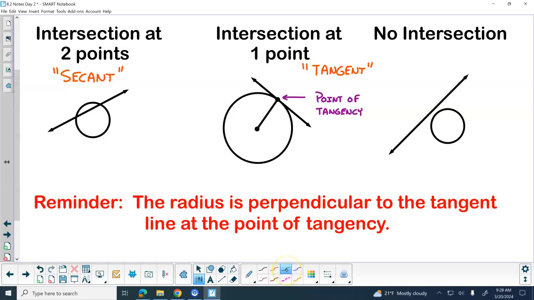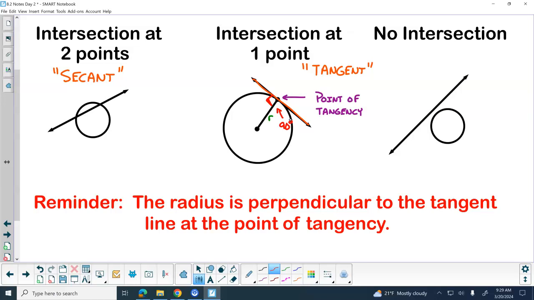So if you have the radius here and you have the tangent line there, then you know that this is a right angle, or 90 degrees.